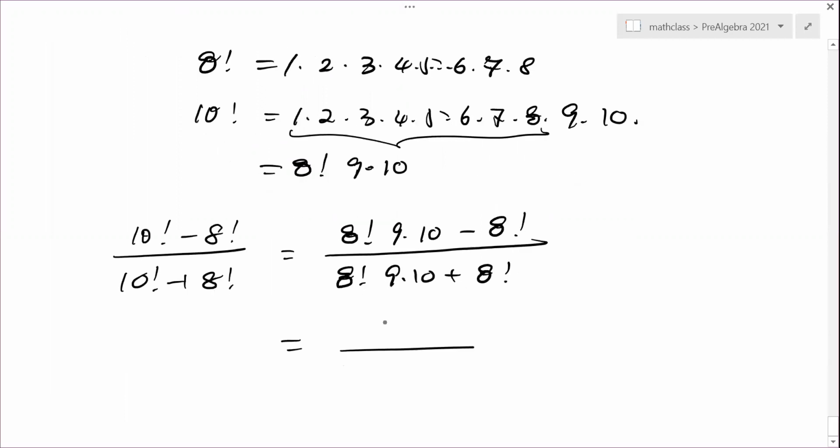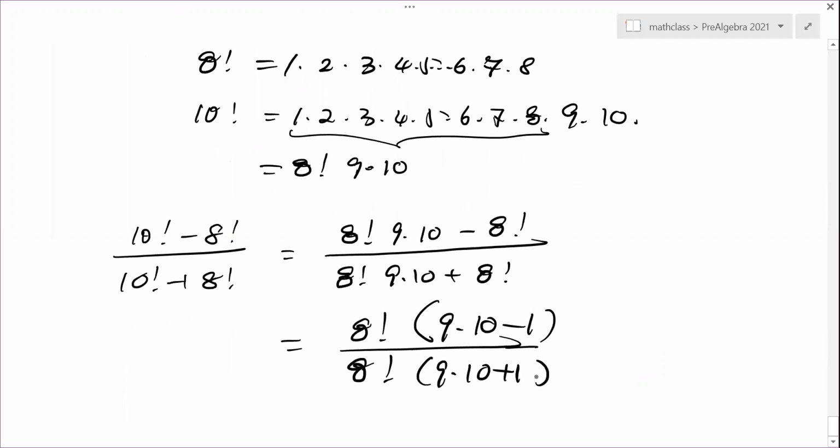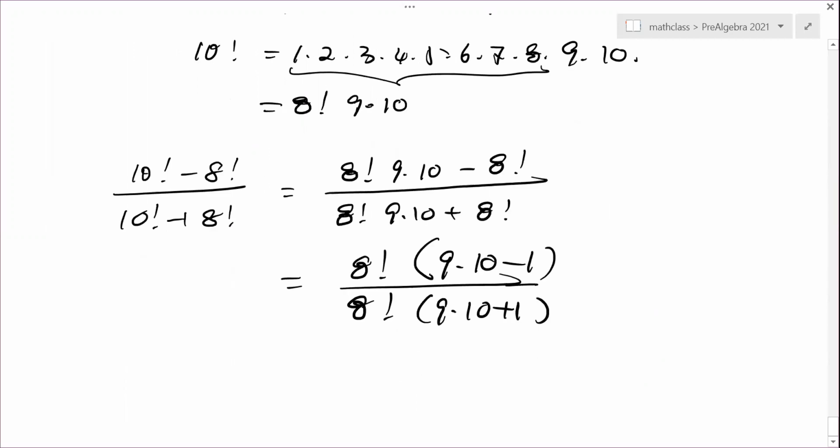You can take it out. So you have 9 times 10 minus 1 over 9 times 10 plus 1. 8 factorial is gone. 9 times 10 is 90. 90 minus 1 is 89. 90 plus 1 is 91. So that's it. This is the answer to the problem after you simplify.